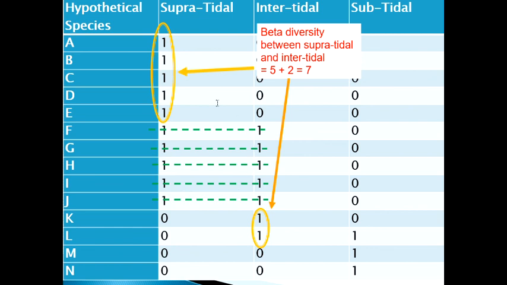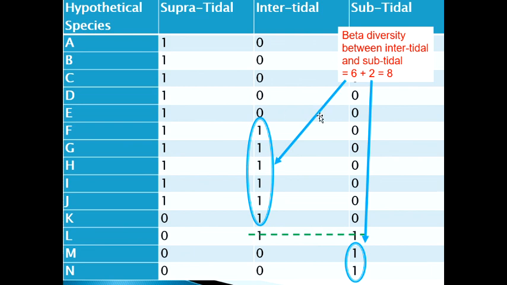Instead, we consider the species that are unique. And so for the supertidal, species A through E, there are 5 of them. They're unique. And then for intertidal, species K and L, those are the 2 unique ones. Beta diversity takes the number of unique ones from one community, one ecosystem, and adds it to the number of unique ones to the next. And so here, the beta diversity is 7.